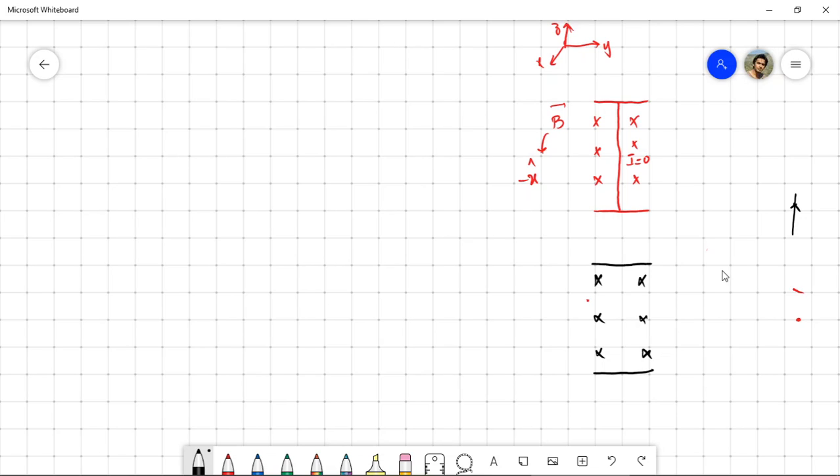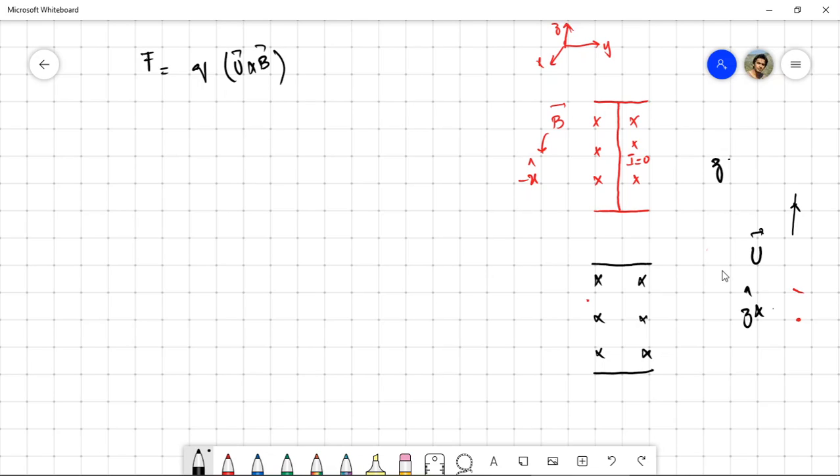In order to calculate the direction of Fm, we know that F is equal to Q into u cross B. When the direction of current is upward, the wire deflects to the minus y direction. Why? Because u is now in the z direction. So the direction of u is z, cross, what is the direction of B?